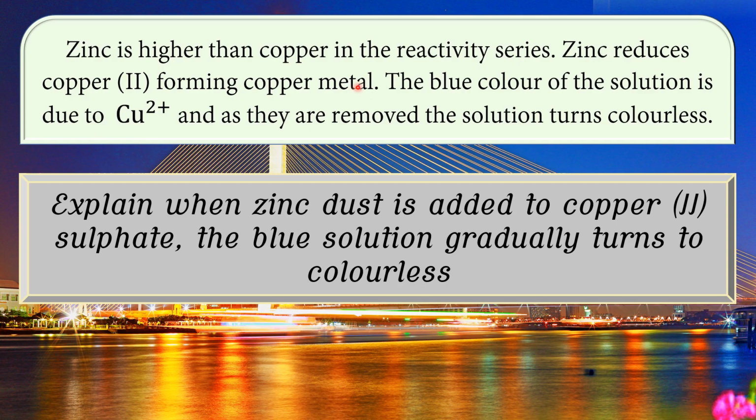And when it forms copper metal, it is gaining electrons. When it gains electrons, it loses the blue color and turns into a metal. And that's why the solution becomes colorless, because we have removed the copper(II) ions.